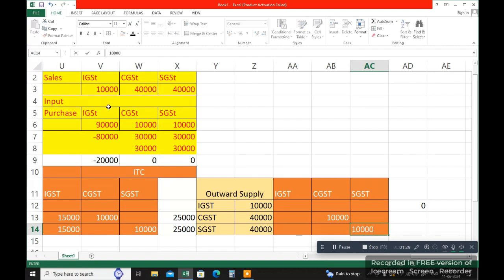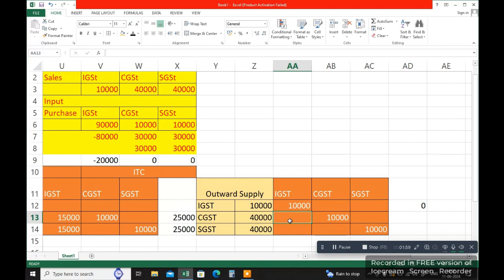Okay, now how will I adjust this 80,000? I'll put 10,000 here, because this IGST I'll make it 0, output minus input becomes 0. 70,000 is left. So how much I can put here? 10,000 is already there here. So we have 40,000 output, and out of 40,000, 10,000 input we already have. To make it nil, out of 70,000, how much do I have to put here?